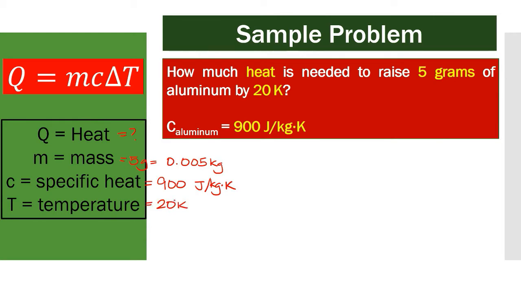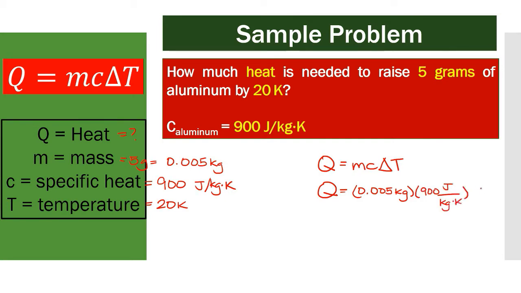Okay, so based on this, I think we can just simply plug it into the equation. Q is equal to mc delta T. So what is Q? We're looking for it. M is given to be 0.005 kilograms. Specific heat is given to be 900 joules per kilogram Kelvin.